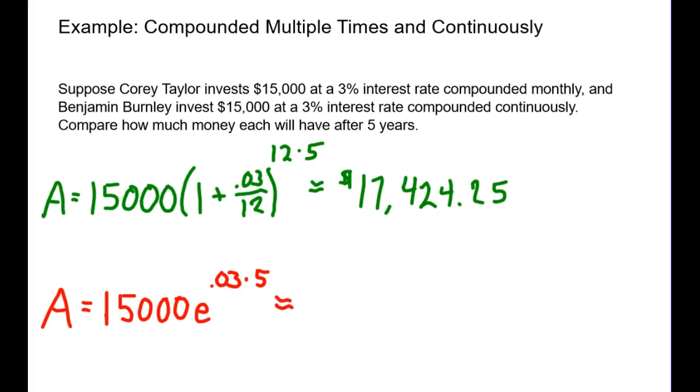And then for the one compounded continuously, you get approximately $17,427.51. So compounded continuously, you're going to earn more money. In general, the more times you compound per year, the more money you're going to earn in your account. Compounded continuously is going to earn the most.